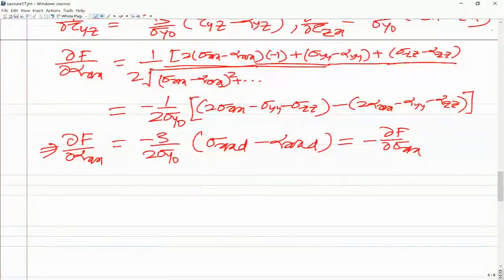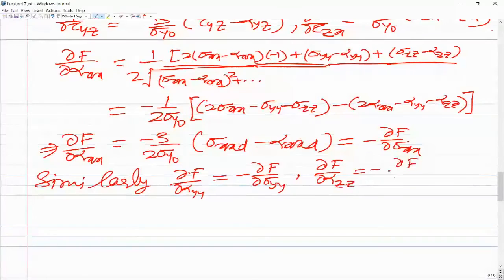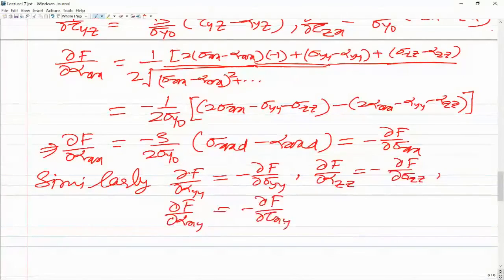So now you can see similarly for other derivative terms. Similarly, del f by del alpha yy will be equal to minus del f by del sigma yy. We have already got del f by del sigma yy. Del f by del alpha zz would be equal to minus del f by del sigma zz, and del f by del alpha xy will be equal to minus del f by del tau xy.